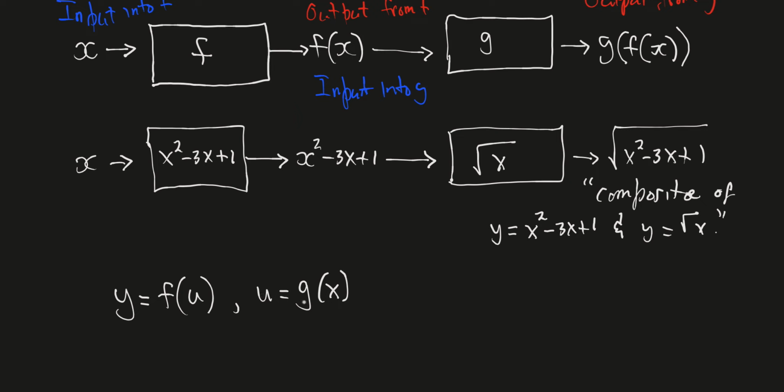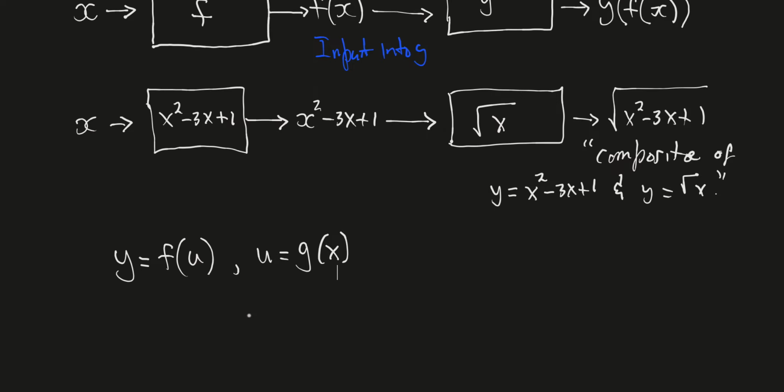And then the whole idea is: how does the rate of change of u relate to x, and how does the rate of change of u affect y? So how are those rates of change related, right?